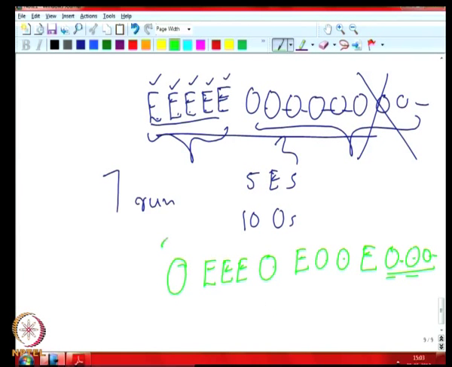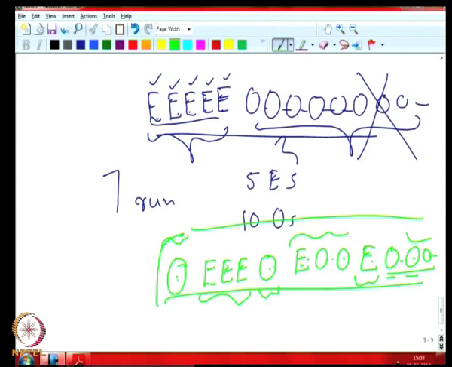This is one run here and another run here, a third run here and another run here, another run here. How many runs? 3 plus 1, 2, 3, 4, 5, 6, 7. 7 runs are there. This is valid.